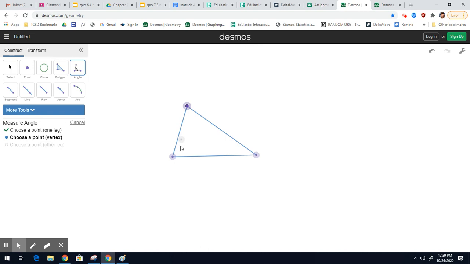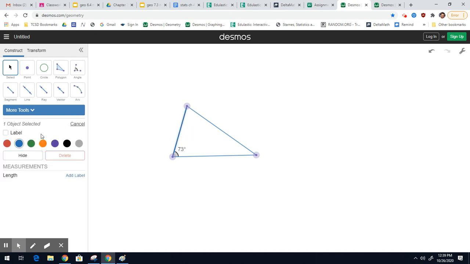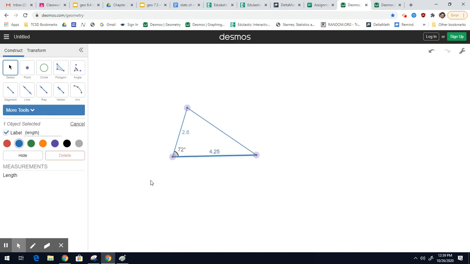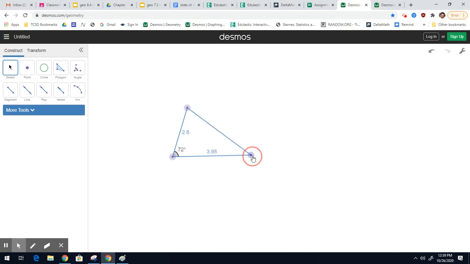So let's see what this angle is here. 73, sure. And then let's measure this side. I'm going to make that 2.6, okay? And then let's measure this side. 4.25. Let's go ahead and make that 4. Can I do that? Yes. So here is a side angle side case.